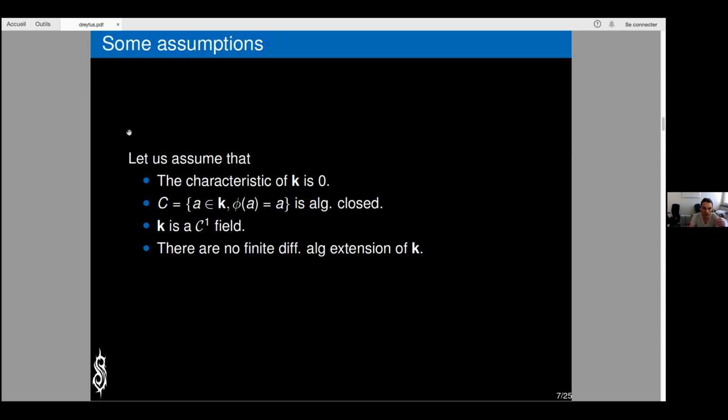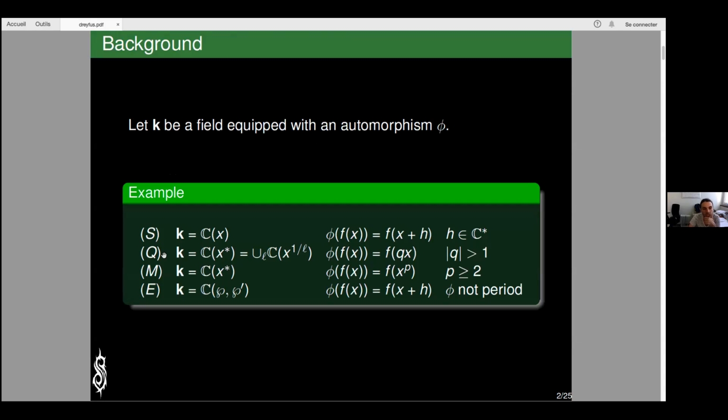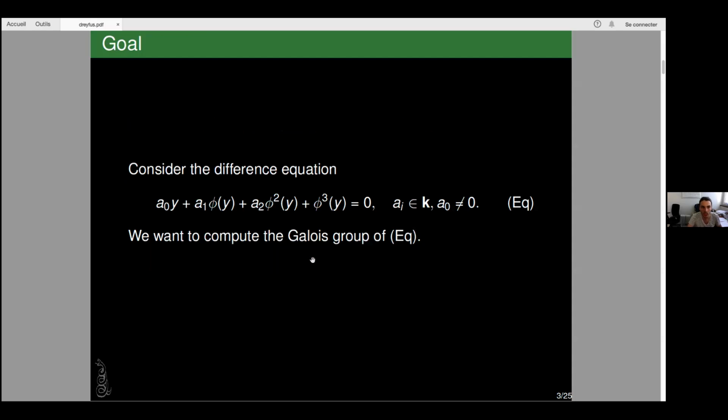That is the reason why, in the q case, I have to consider the ramification of the variable, because, for instance, you may take C of square root of x, and then it will be an extension of degree 2 where you can extend your automorphism. I want to avoid that, so I take all the ramifications. This I pass away, but let me go back to it.